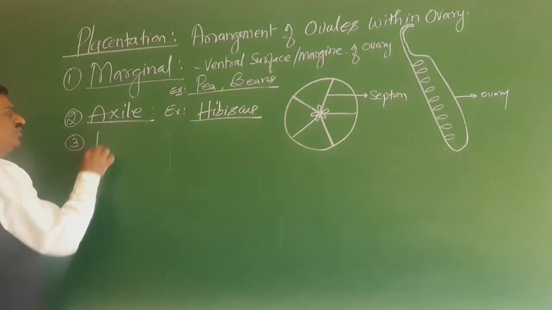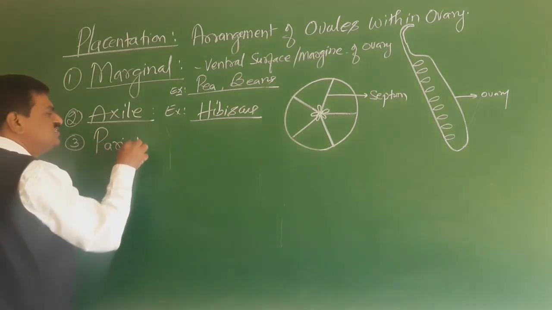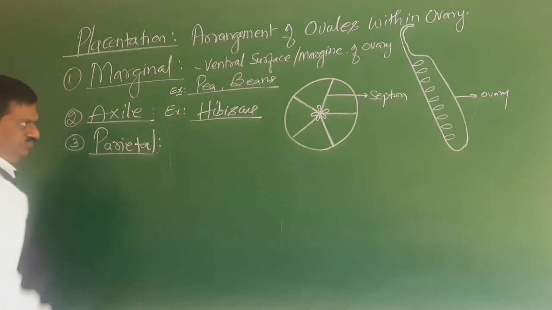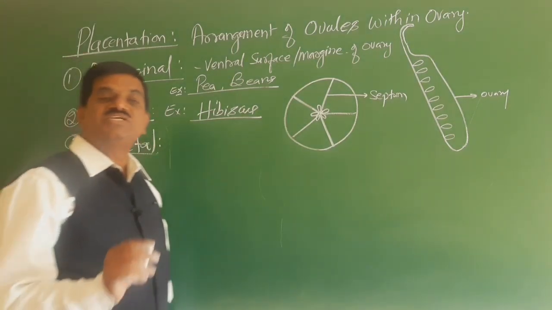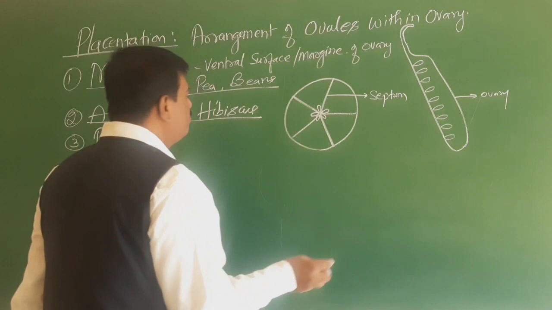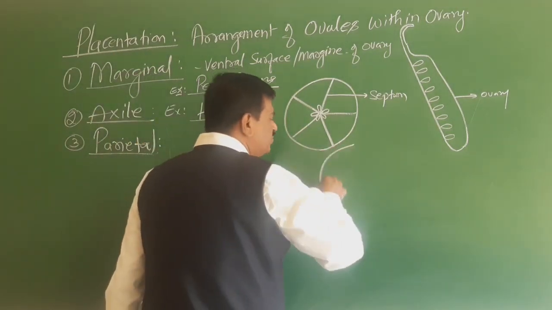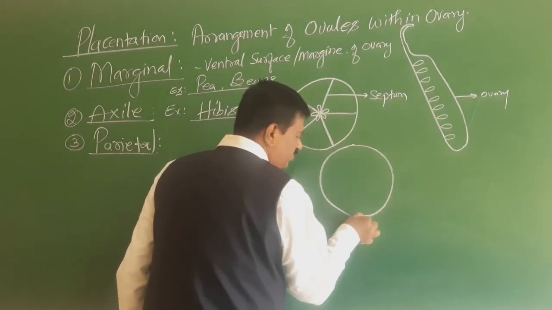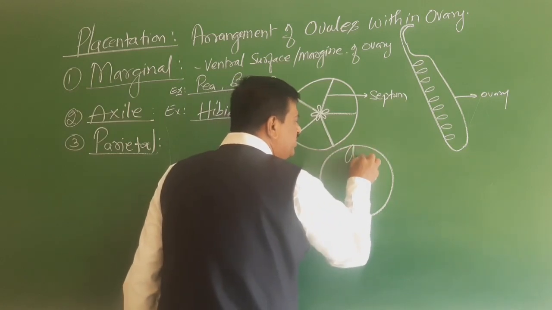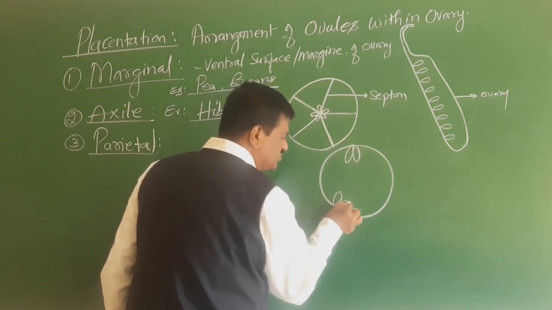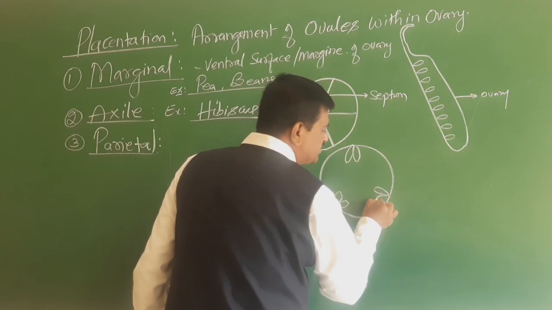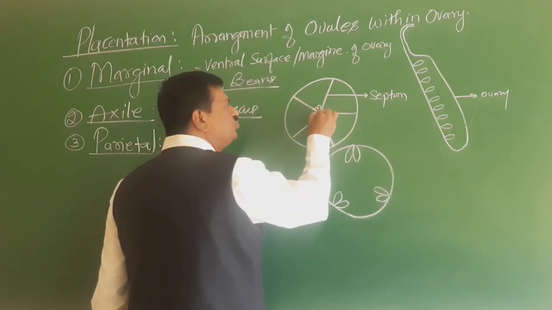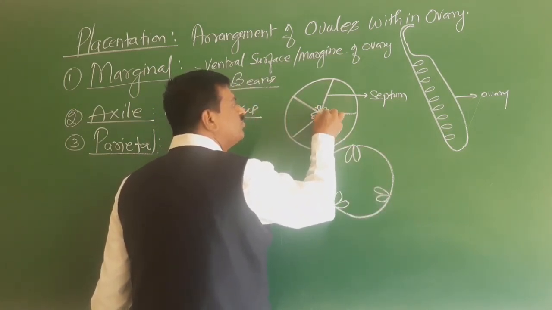So we go for the third one called parietal placentation. Here the ovules are always present towards the periphery. You can see like this, the ovules are present like this. Here also you can write 2 ovules. Like this.